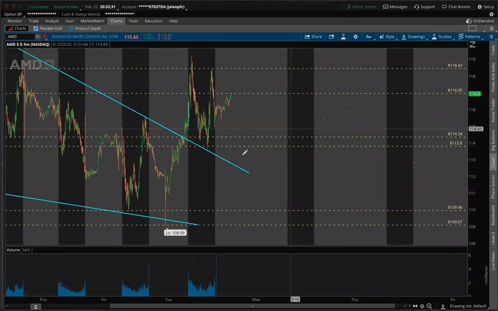Can somebody tell me, if I was looking for a quick day trade for tomorrow, how would I call this trade? Okay, cool. I see somebody said it. There you go.